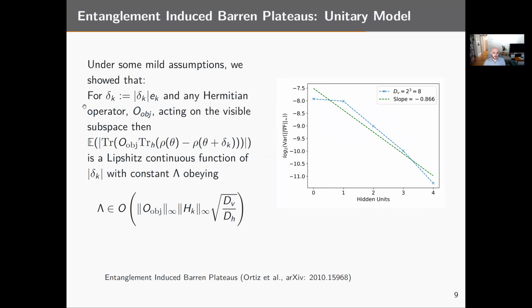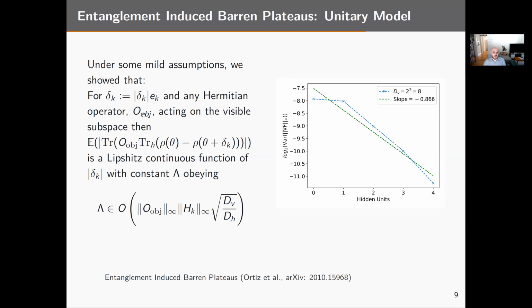So more formally, let's define delta K as this quantity that we have here, where HK is just the vector corresponding to all zeros and a 1 in the K direction.